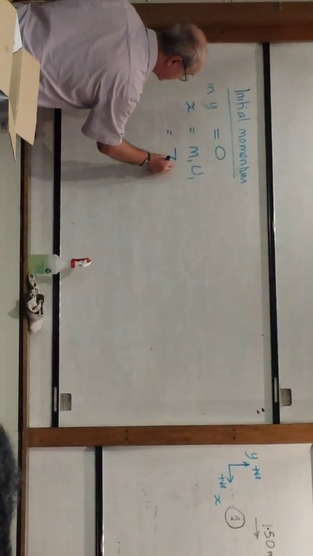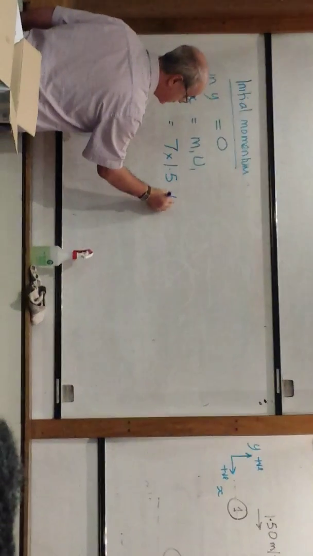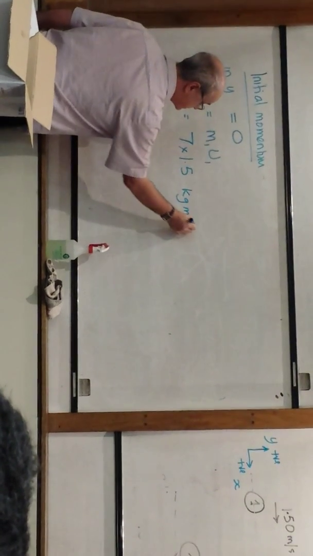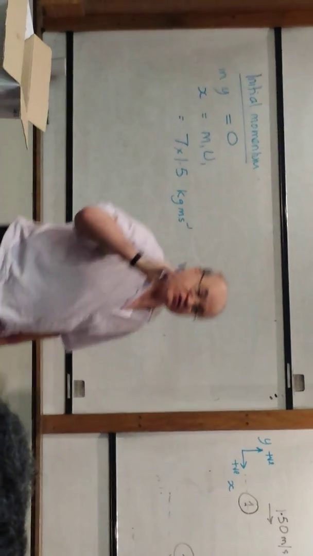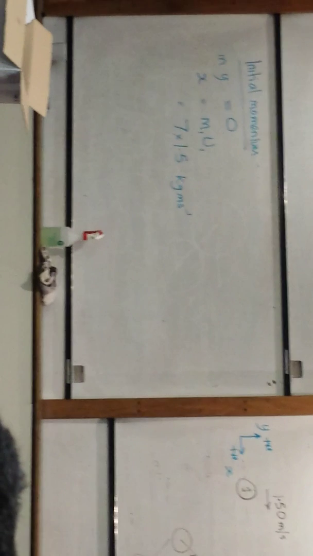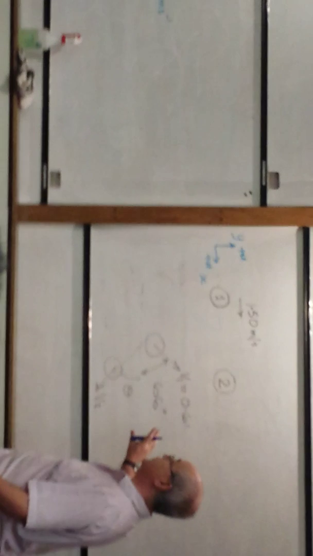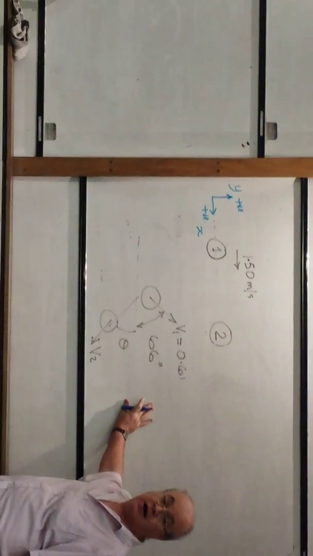So it's 7 times 1.5 kilogram meters per second. So I've resolved the initial momentum horizontally and vertically. What I need to do next is to resolve the final momentum horizontally and vertically.